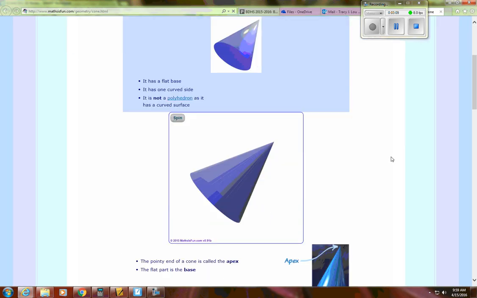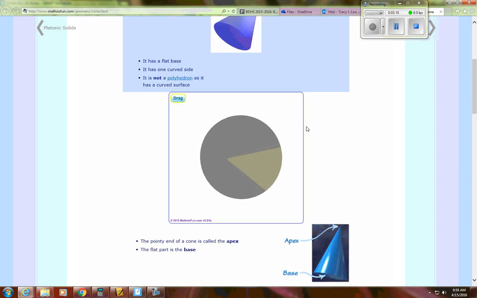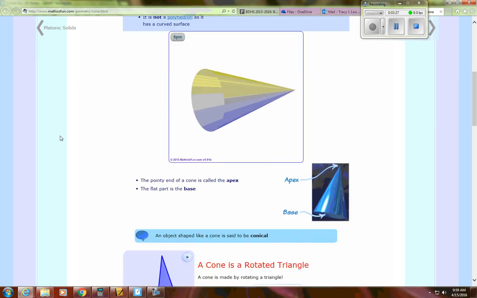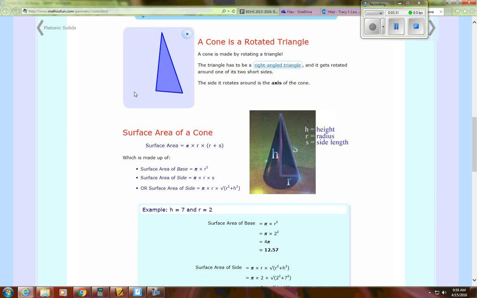Okay, and again, we have some interesting information about cones. We can see it in 3 dimensions. See that it has a circular base and that the edges are curved all the way around, and it meets at the top, which we could call a vertex, or they call it an apex on this site. And really what it is, it's a two-dimensional triangle that's been rotated 360 degrees.